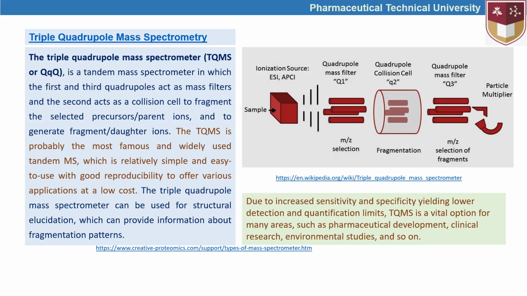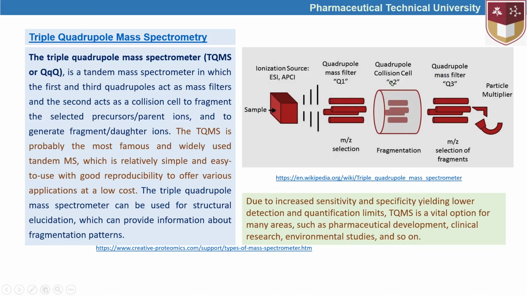As we talked about in the second lesson, it provides much more features: by using triple quadrupole mass spectrometers, we can identify and quantify low abundant compounds as well. The triple quadrupole mass spectrometer is a tandem mass spectrometer in which the first and the third quadrupoles act as mass filters. Here we can see the selection and selection. The first and the third quadrupoles act as mass filters, and the second acts as a collision cell to fragment.